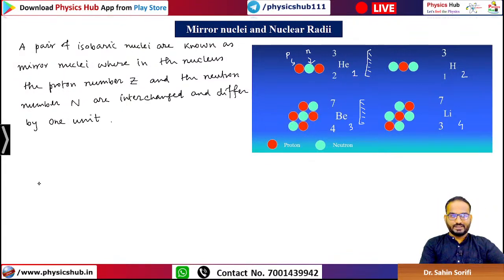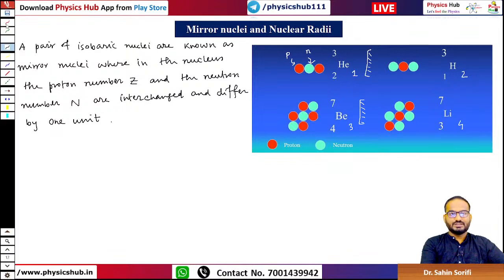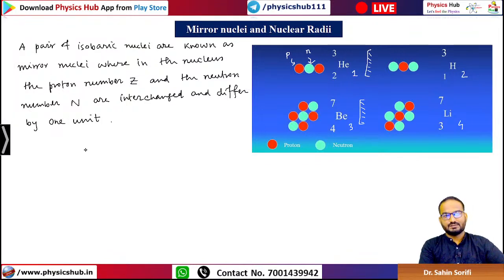Few more examples we can take. So a general example we can set like this. Let's say you have placed a mirror. So this is a rough surface, let's say.